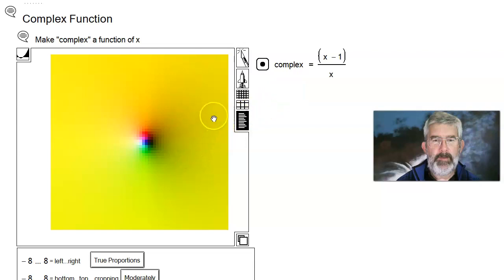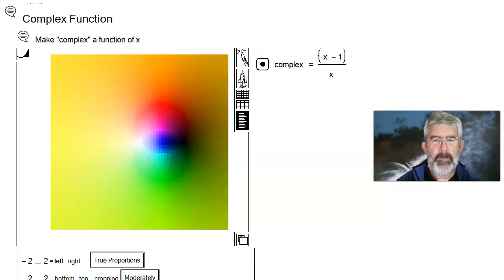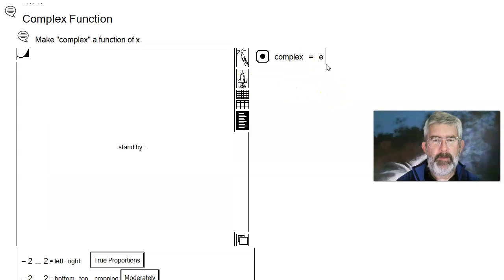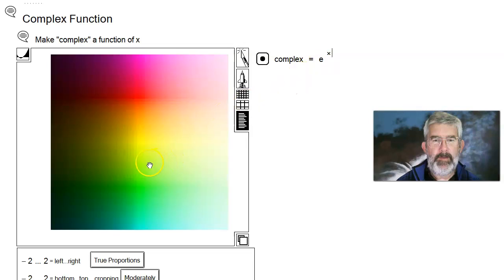There's some really weird things that we can see here, and let's just do one example. The function e to the x is interesting, because what I see is a horizontal asymptote of 0 off to the left, and then it gets really big on the right.